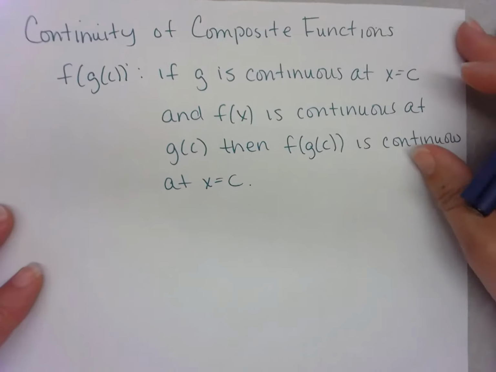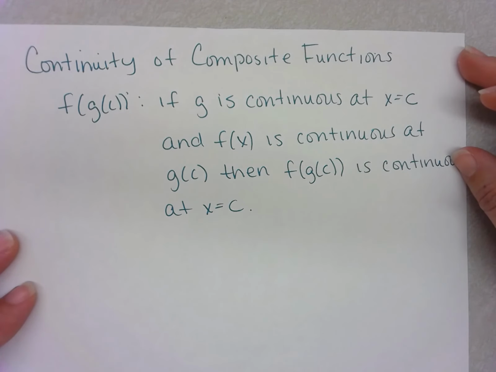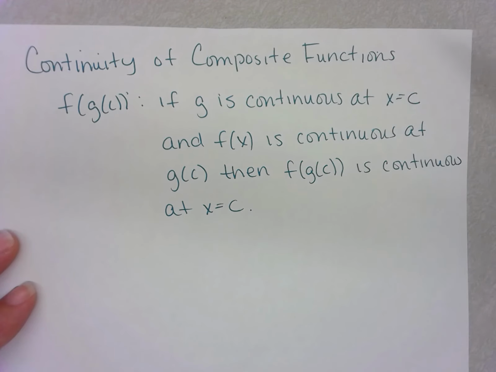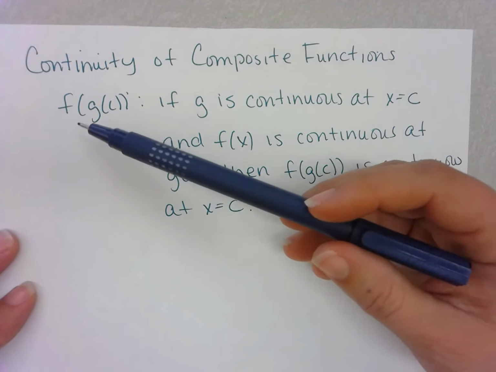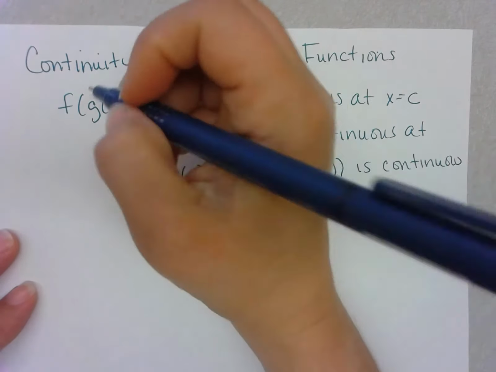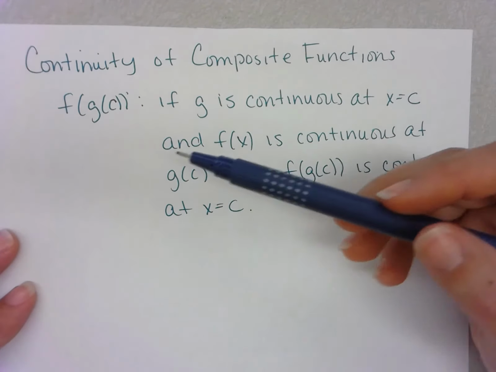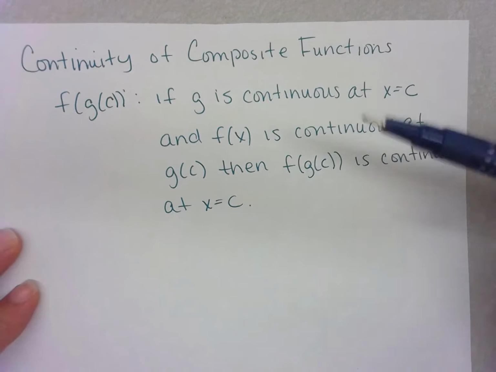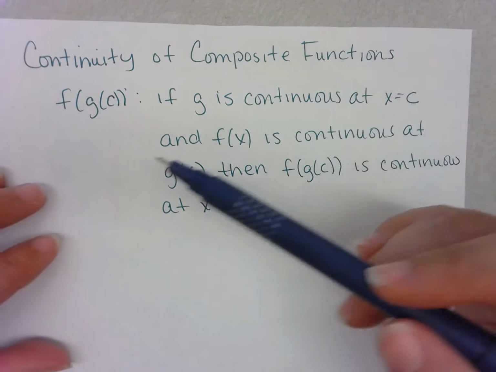Okay, so one more thing that we want to talk about really quickly is the continuity of composite functions. We've maybe seen a little bit of this previously. If I have f of g of c, and g is continuous at x equals c, remember that when we're doing composition, we always work from the inside out.